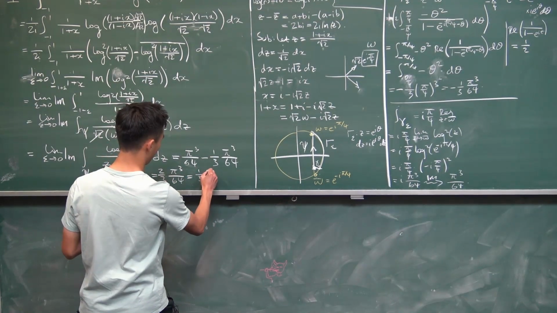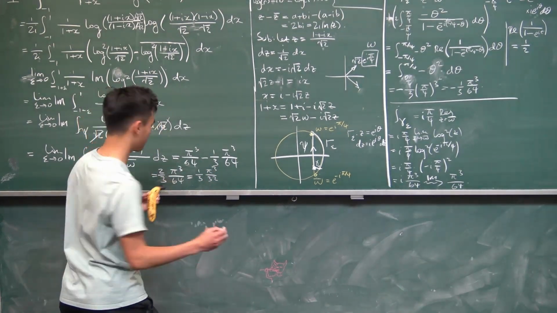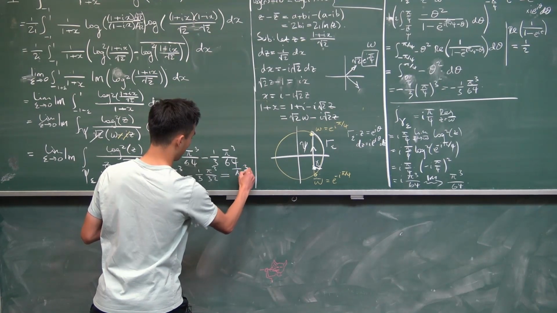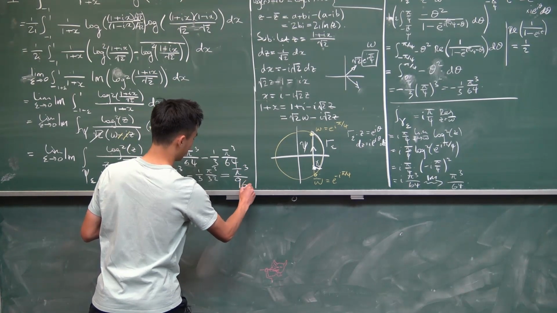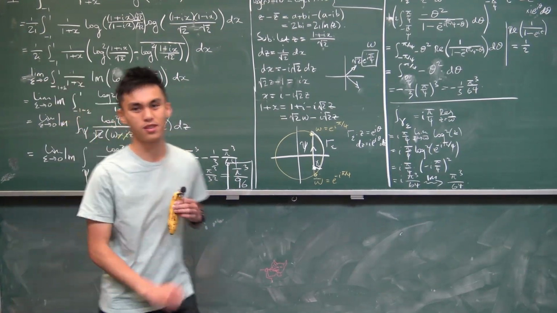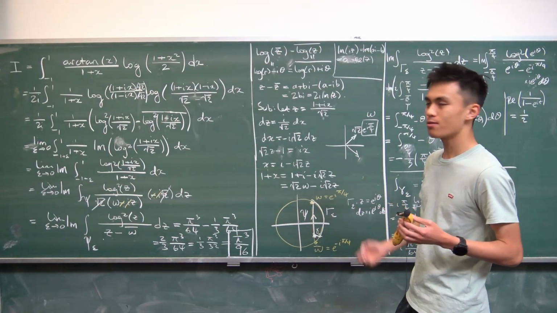So this is 1/3 pi cubed on 32. And 3 times 32 is 96. And that is the final result for today's integral, pi cubed over 96. Whoa! Quite a nice result. So that's all for today's integral.